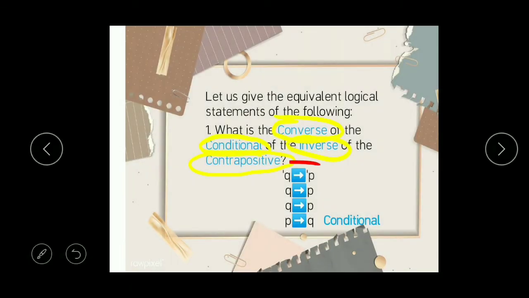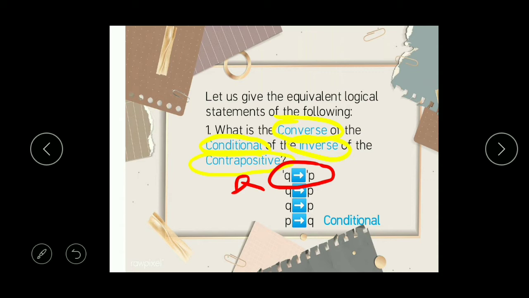This is our contrapositive, the one that I am circling with a red color. The contrapositive is a negation and also an exchange. So we already have our first equivalent logical statement.